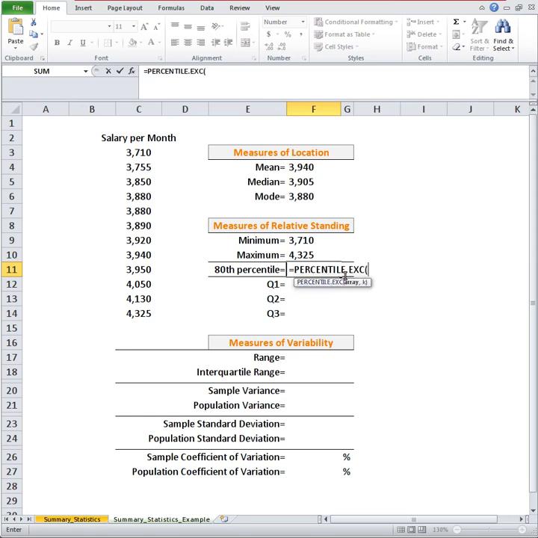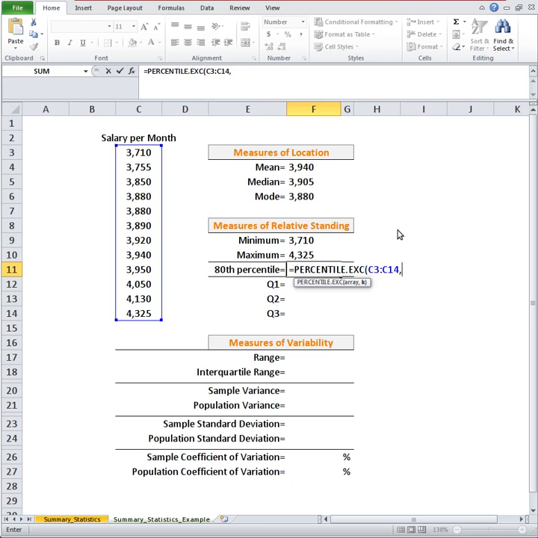So we're going to use the percentile.exc, sorry. To do so, we're going to highlight the data again from C3 to C14, and then we're going to add a comma, or maybe a semicolon depending on your computer, but this will be easily identified in the help formula below the cell that we're trying to use.